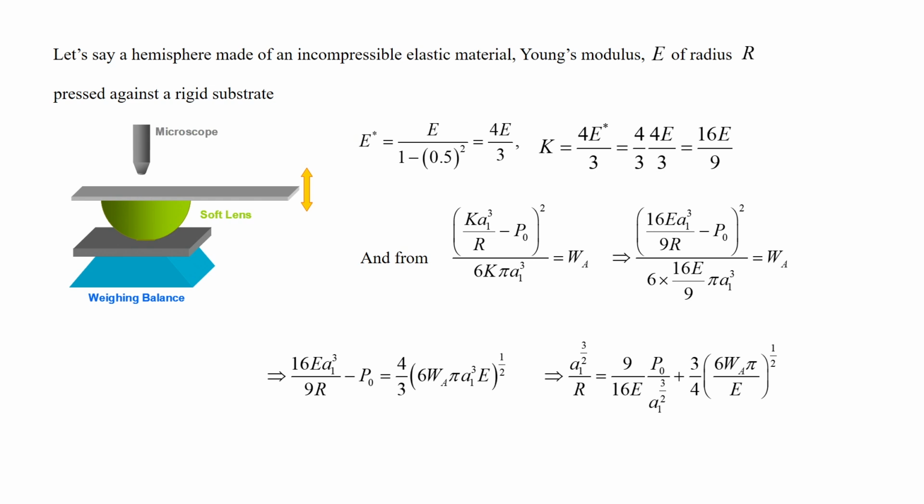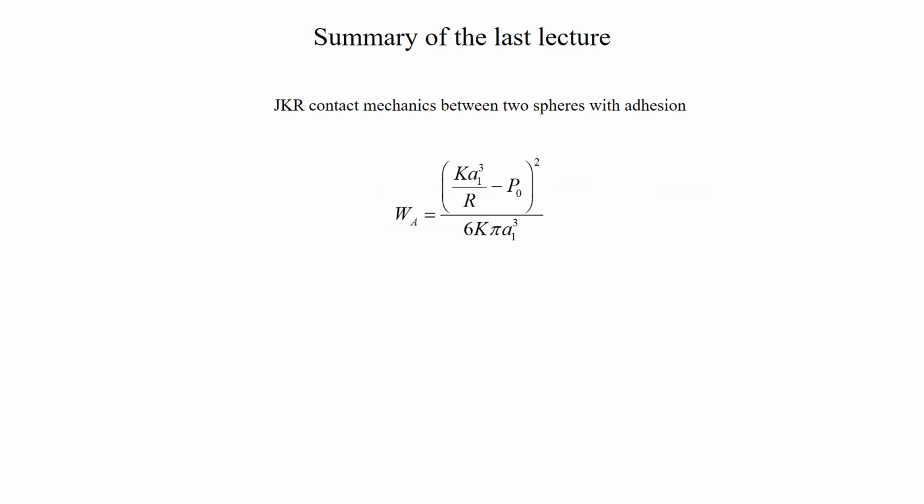Now, JKR contact mechanics, as you have seen in the last lecture, is quite rich in terms of the theory, but it is also very important in terms of the experiments, and that is what I would like to discuss today. It is a very useful experiment and the analysis is also very interesting. So, here we have this JKR equation.